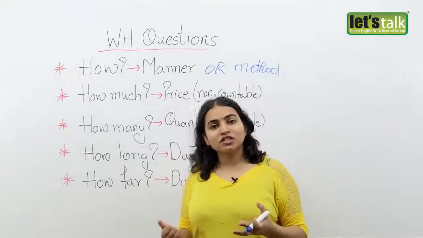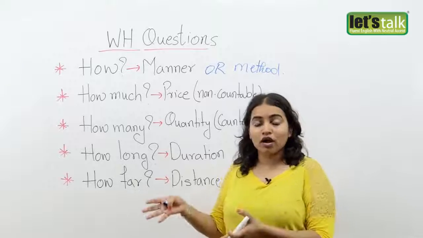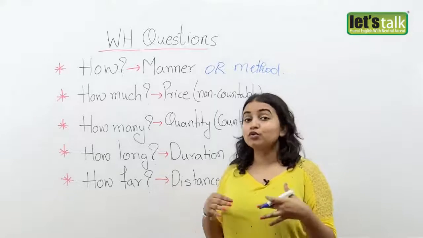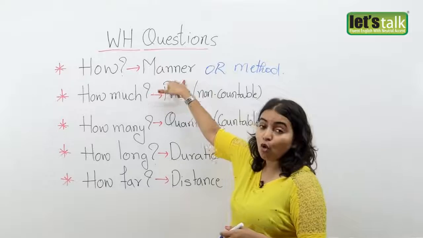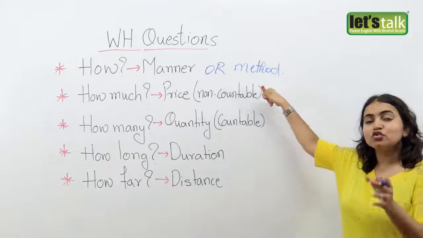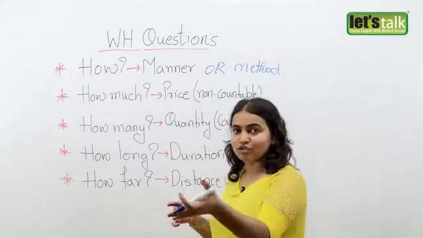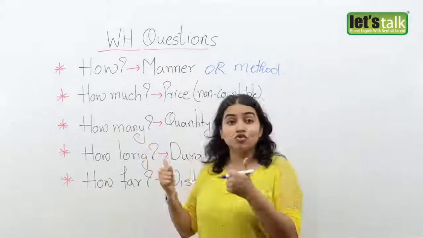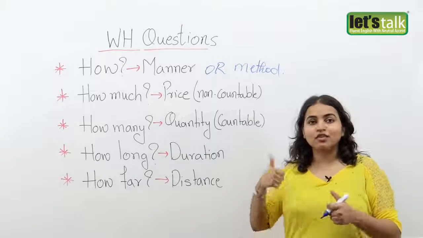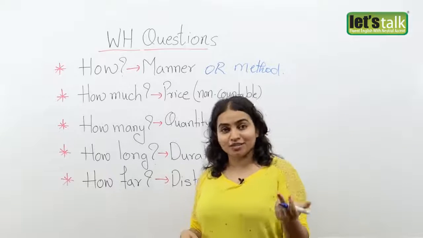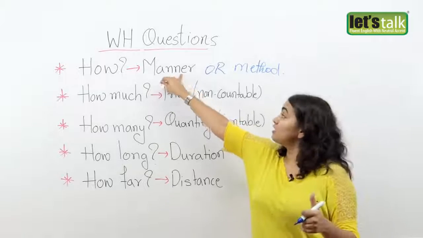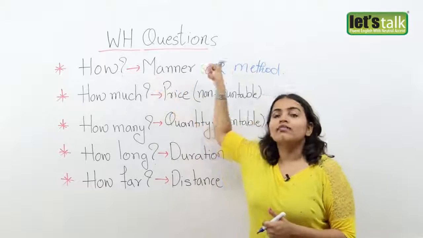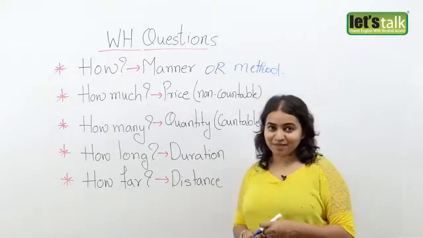So if I were to ask you, how do you go to work, or how do you commute to work? I'm talking about a manner or method that you use to go to work. So you could tell me, I drive to work, or I take the train, or I take the bus, or I take a cab. So how, in a way, denotes the manner or the method of doing something.